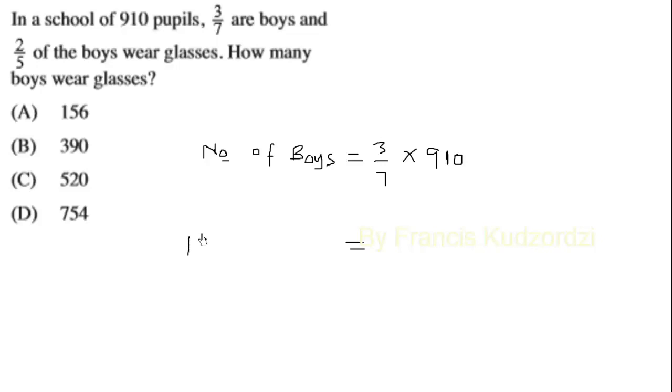So the number of boys wearing glasses is equal to 2 over 5 of this. So 2 over 5 times 3 over 7 times 910.